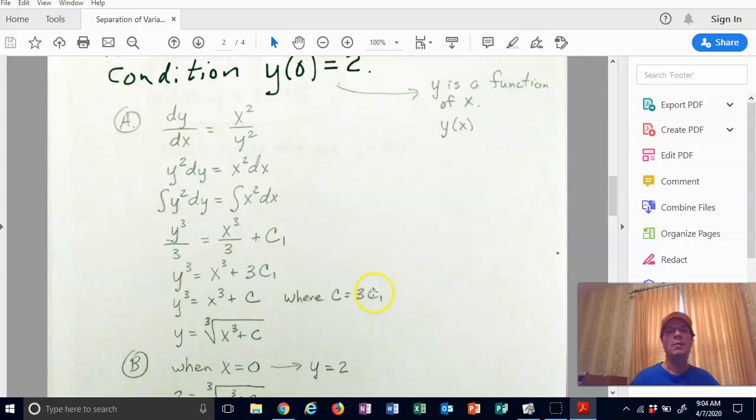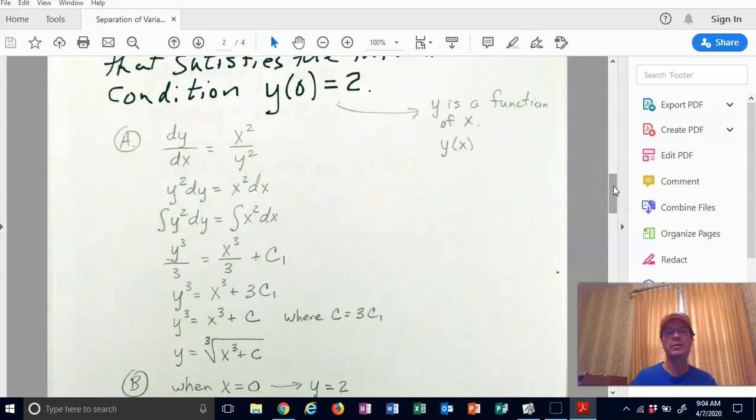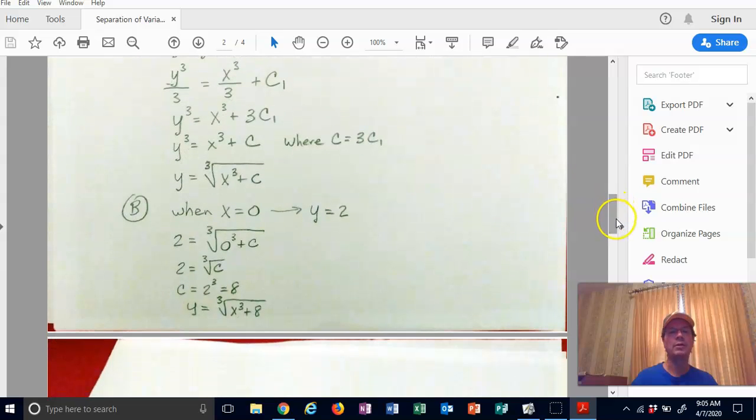Now, in part B, we're going to use this initial condition to find the particular solution, which basically means you're figuring out what c has to be so that the equation goes through this point. So here I know that when x is 0, y is 2. So I'm going to take my general solution and plug in 0 for x, 2 for y.